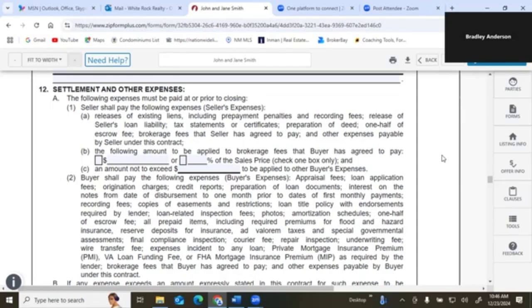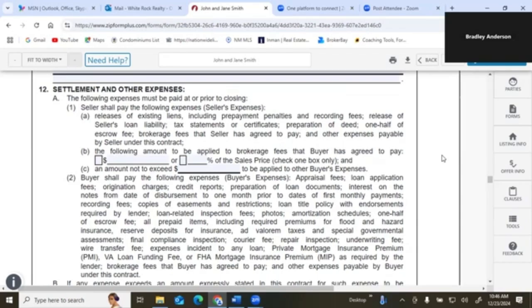This is where this serves as the disclosure for how we're going to get paid. Okay, now paragraph 12 only included any seller concessions in the form of money that would be given towards the buyer as a credit, for things like surveys and things of that nature, right?